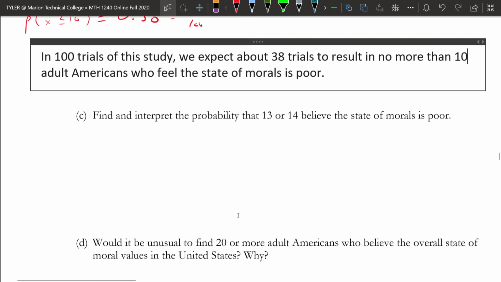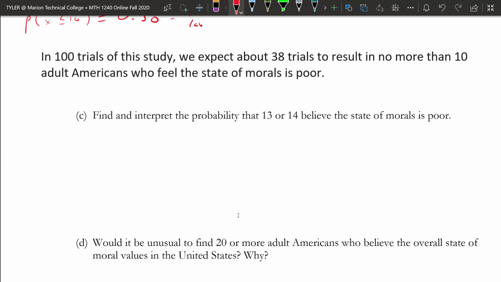So then part C, we want to find and interpret the probability that 13 or 14 believe the state of morals is poor. So this would be the probability that x equals 13 or x equals 14. And so we can use the addition rule here to know that this would mean the probability that x equals 13 plus the probability that x equals 14, because these would be mutually exclusive.